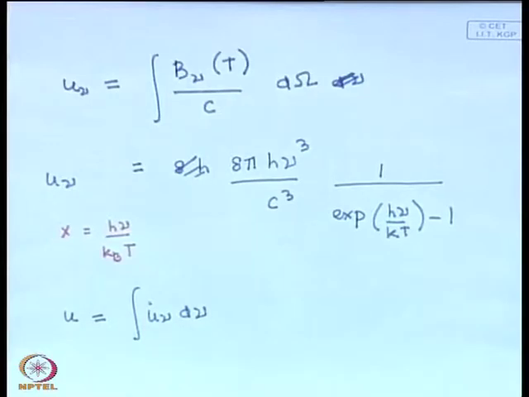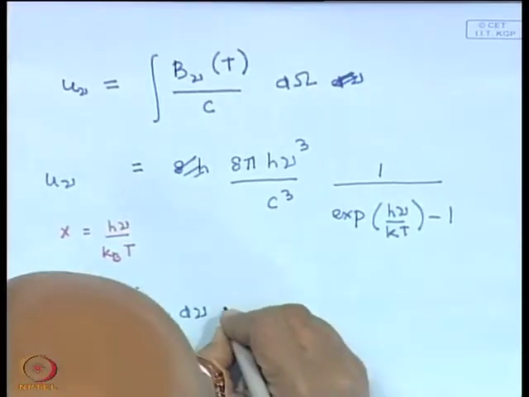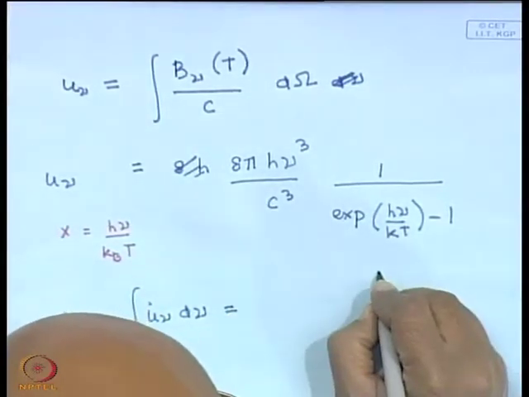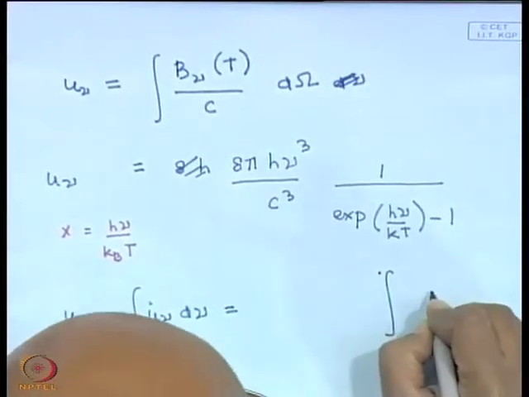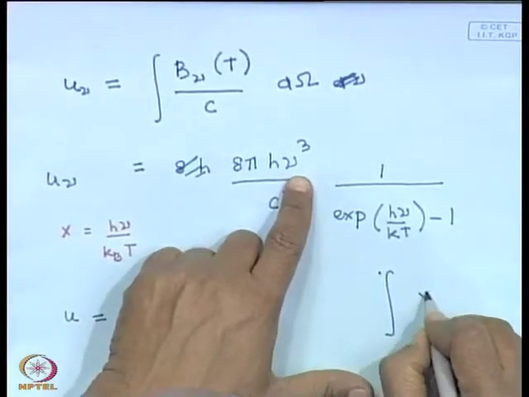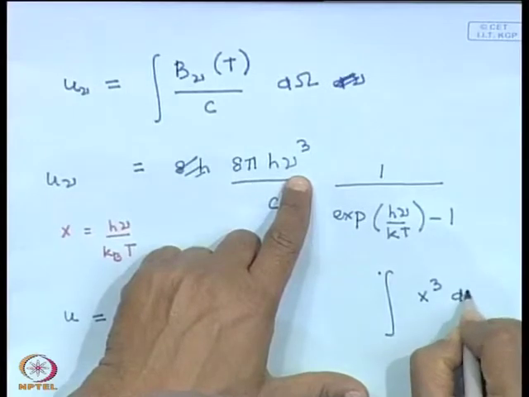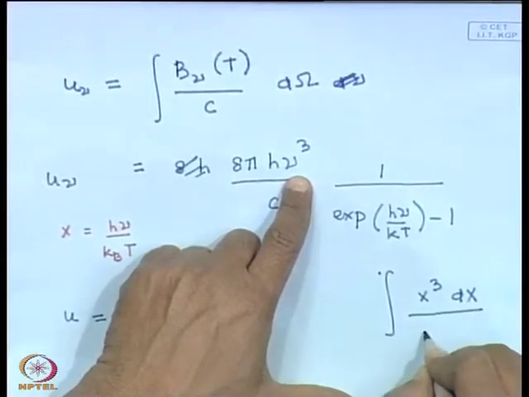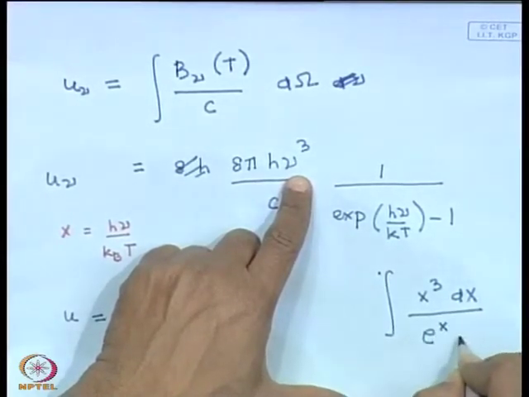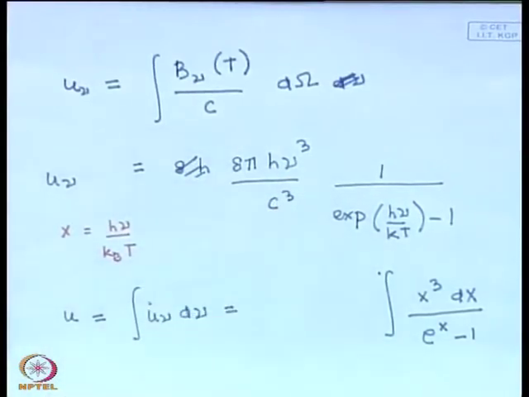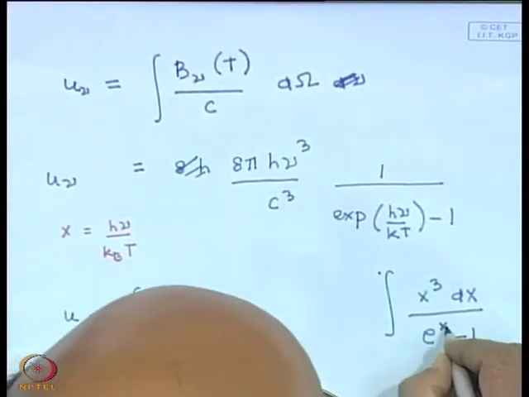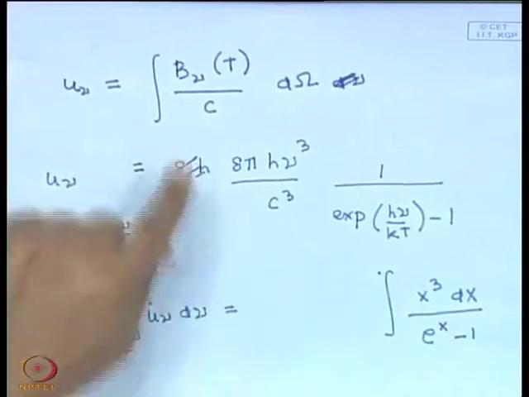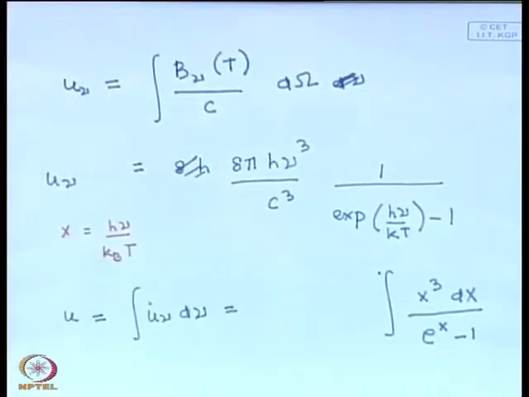If we do that, then the quantity that is integrated is x cube dx over e to the power x minus 1, and the rest are just constants outside. So, let me write down those constants.